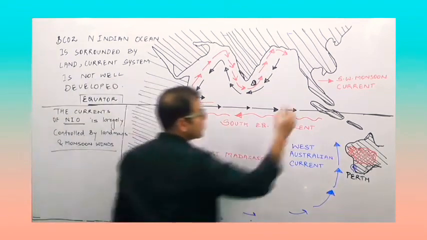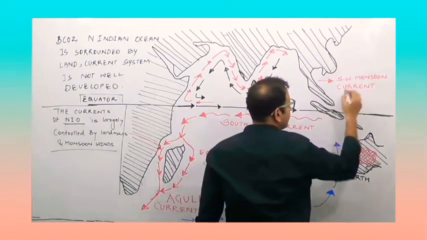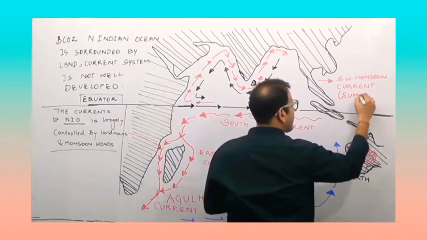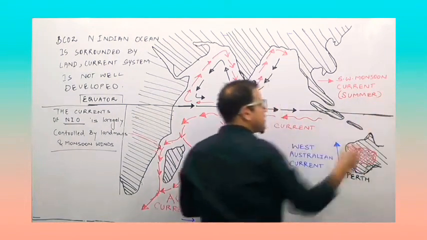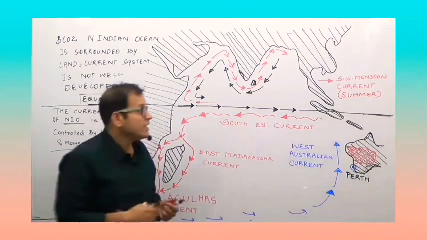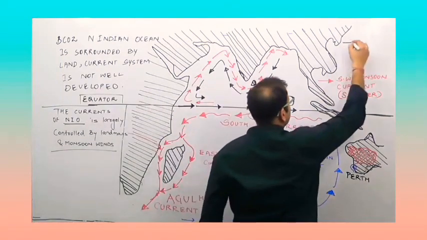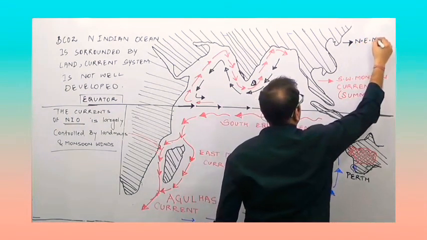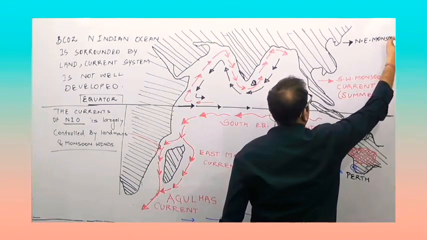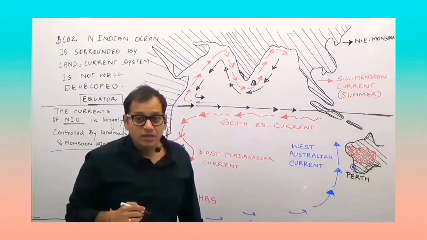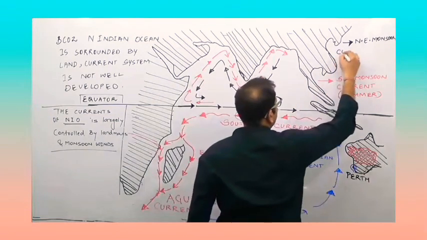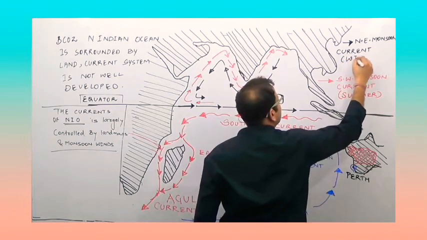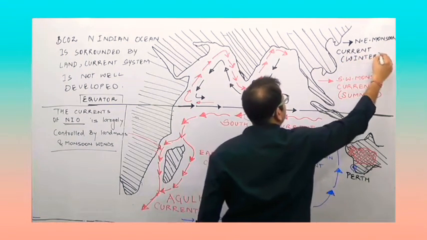Now, the southwest monsoon current develops during the summer season in India, when the southwest monsoon is more prominent, while the northeast monsoon current, which I have shown in black color, develops during the season of northeast monsoon, that is during the winter season in India.